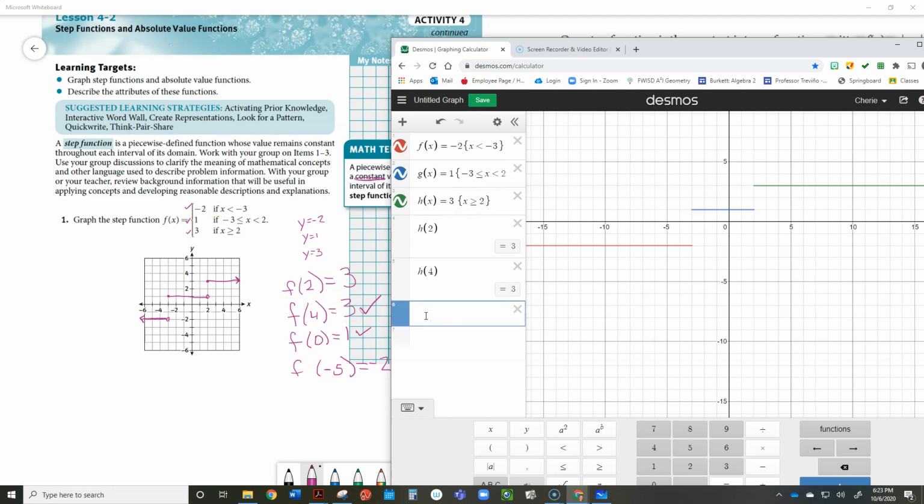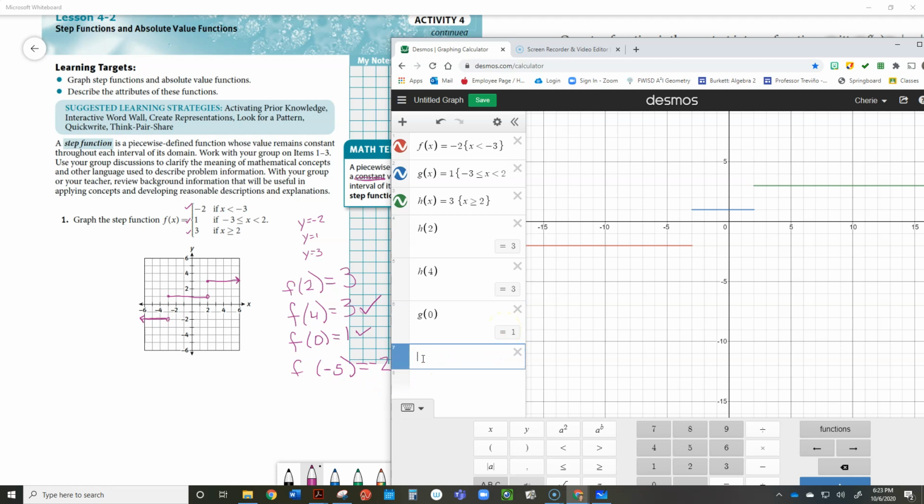Okay, now let's try f of 0. Whoops, f of 0 is undefined. Let's try g of 0. There it is. It fits into this piece of the piecewise function, that middle piece. So if I'm plugging in 0 right there, I get 1 as an answer.